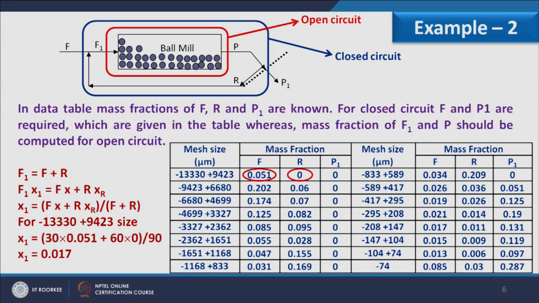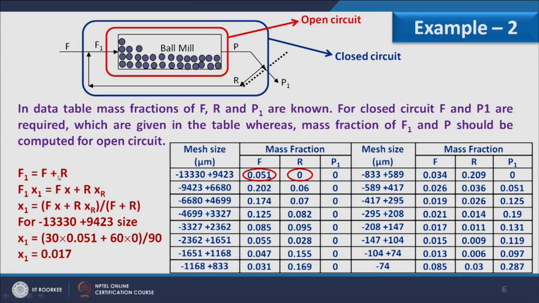So, for the closed cycle, the size distribution of both feed and product is given to us. However, for the open circuit, where the feed is F1 and the product is capital P, you can see that in this table no data for F1 or P is known to us, and therefore we have to compute the size distribution of F1 and P to calculate the power consumption of the open cycle.